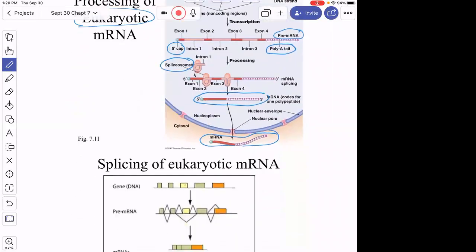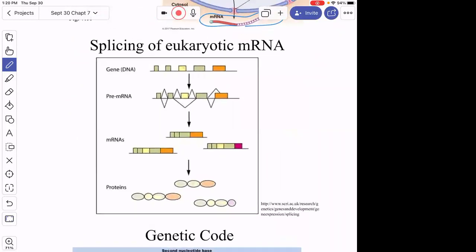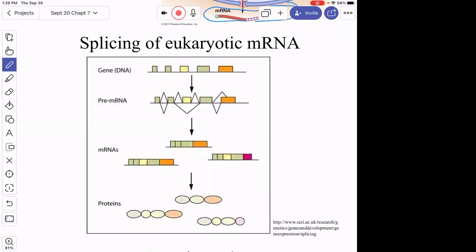I pulled in another picture from another source here. Just be clear that this can be a level of regulation, because cells can splice the same transcript a little bit differently to get unique proteins.